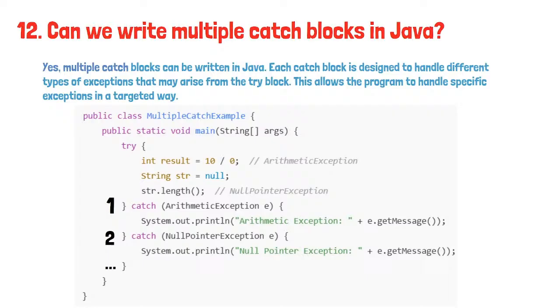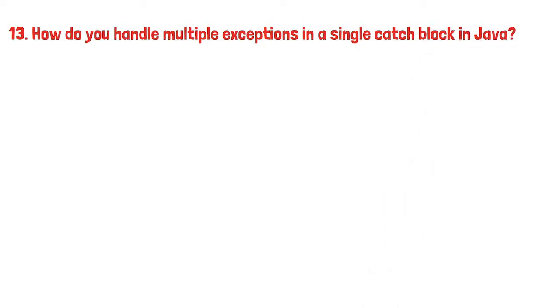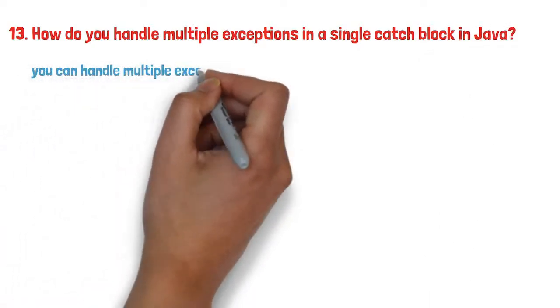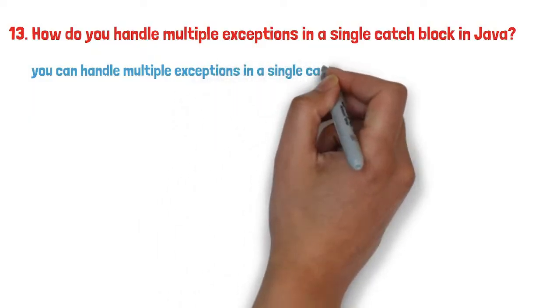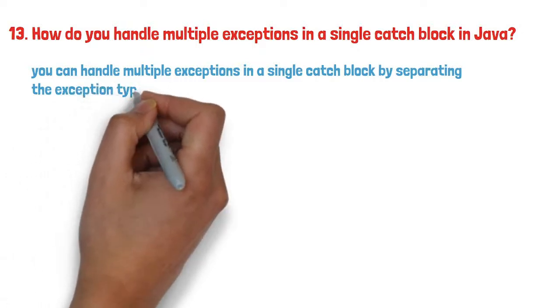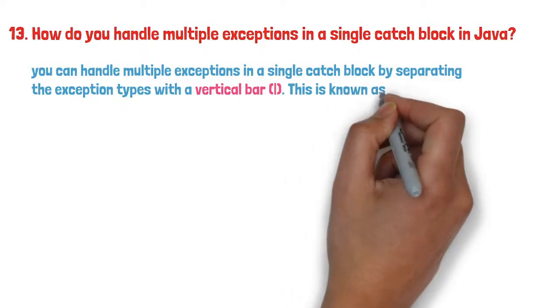Next question is how do you handle multiple exceptions in a single catch block? Let's take the previous example. You can handle multiple exceptions in a single catch block by separating the exception types with a vertical bar, or you can say logical or. This is known as a multi-catch block.